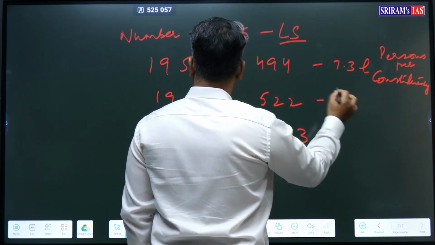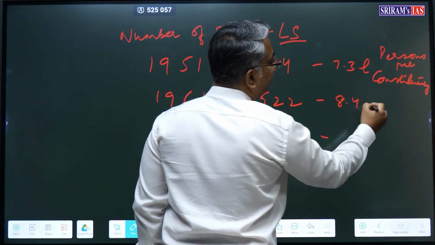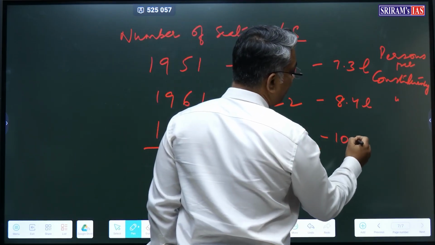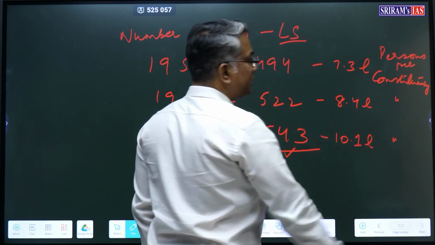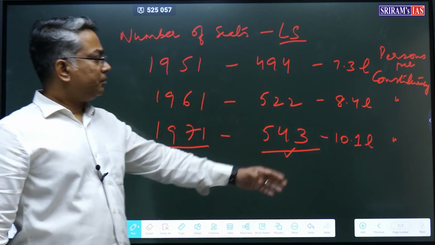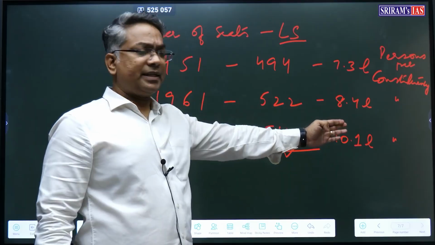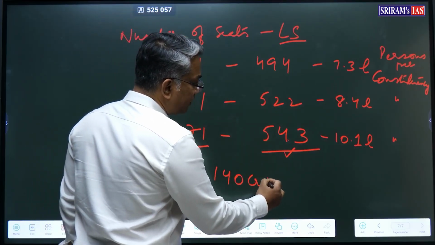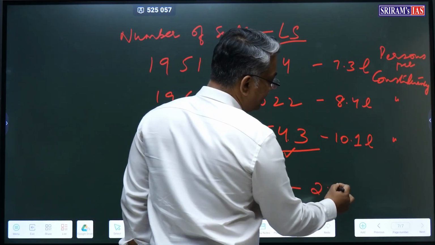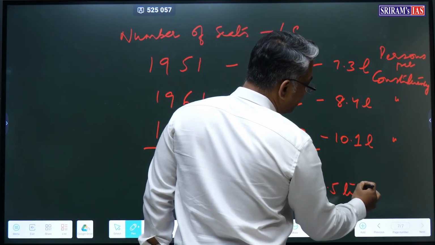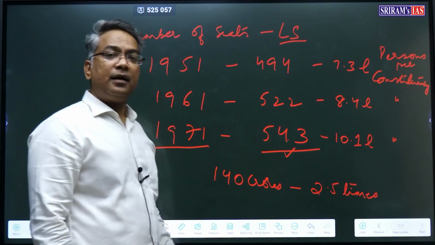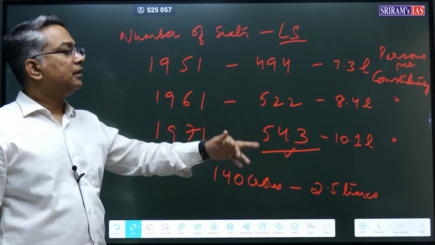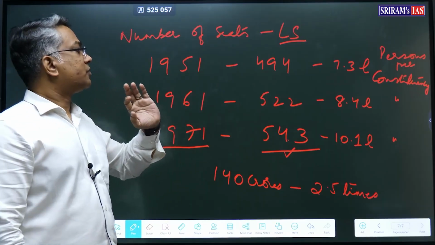In 1961, it is 8.4 lakh persons per constituency, and in 1971, it is 10.1 lakh persons per constituency. As you know, the population has been increasing. Now the population is around 140 crores and it has increased by 2.5 times. So there will be a major readjustment, not only of the number of seats but also of the boundaries of the territorial constituencies.